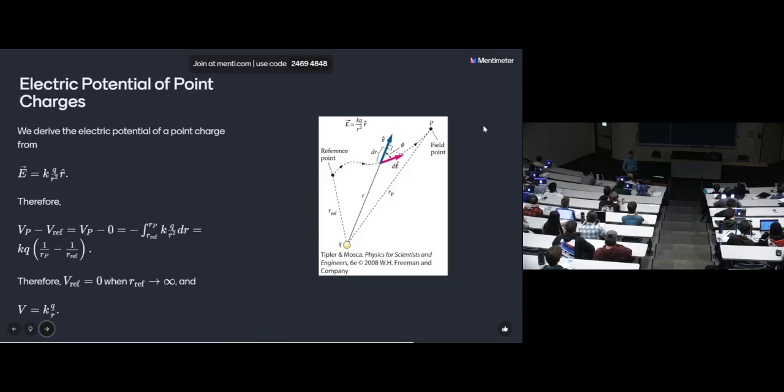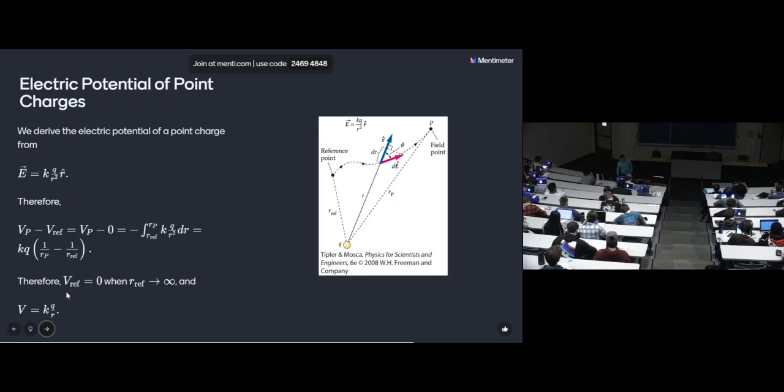So, we derive the electric potential of a point charge from the fact that the electric field is kq over r squared. Therefore, V at some point, call it this point here on the top right of the image, is equal to V at that point minus our reference, which we'll say is 0, is going to be the integral of kq over r squared dr. And if this is going to be our V reference equals 0, that happens at infinity.